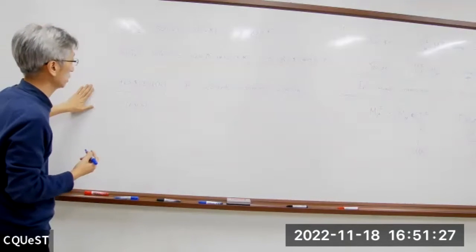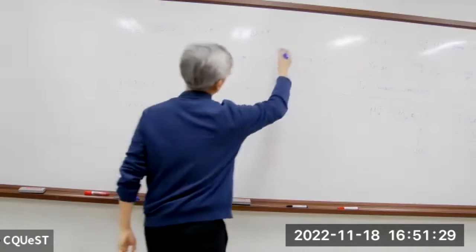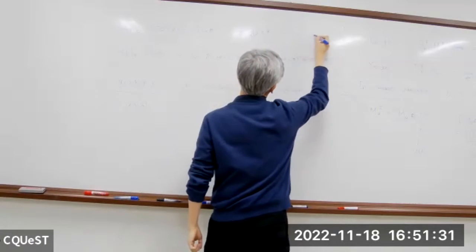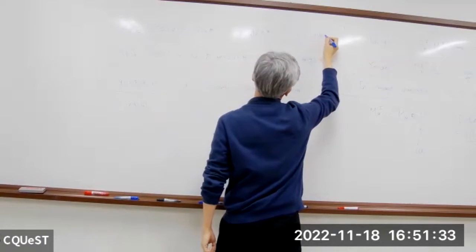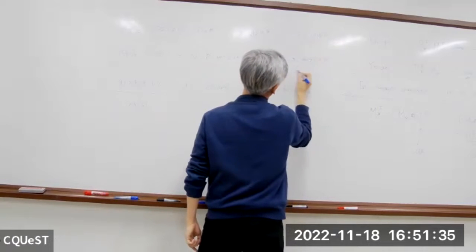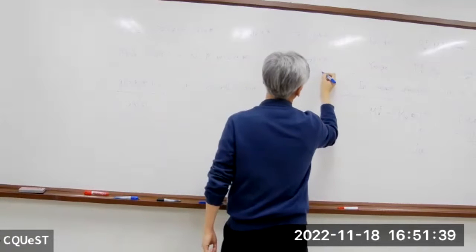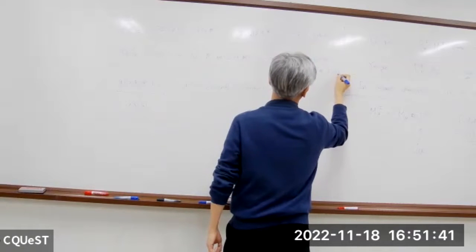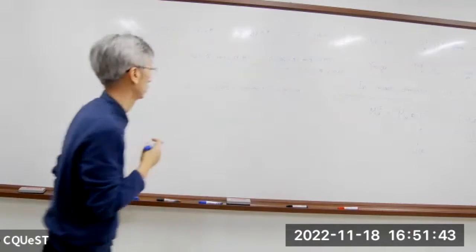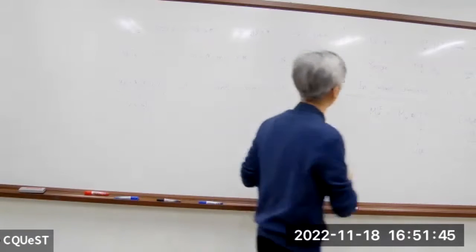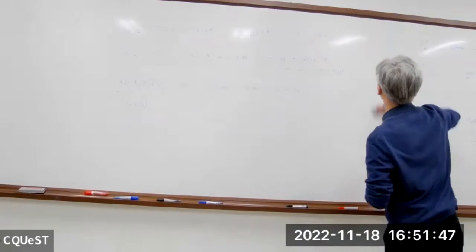So this is like that, and then eventually this guy becomes U(N,N), or in this case, this guy becomes U(N,N) plus U(N). Yeah. So this will be the setup.